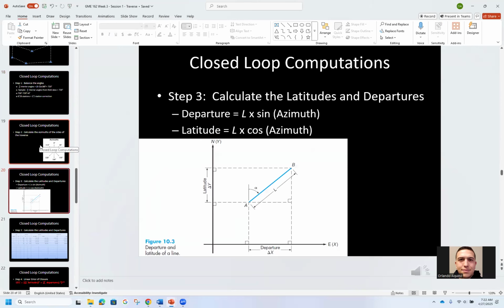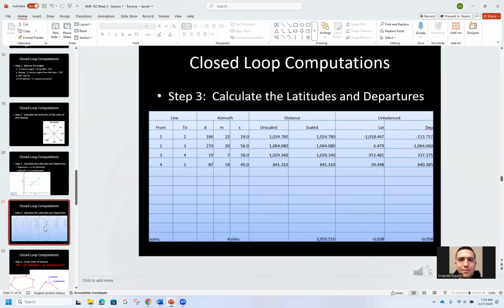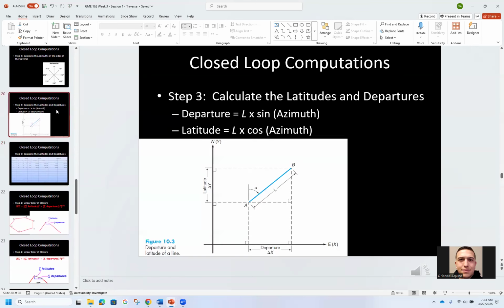So again, that is calculating the latitude and departure. In this example, we consider the unbalanced latitude and departures, because we would then need to balance them.